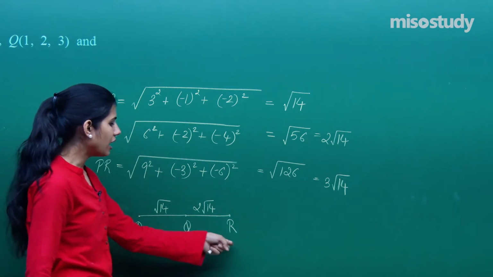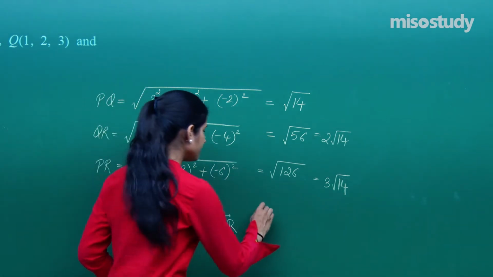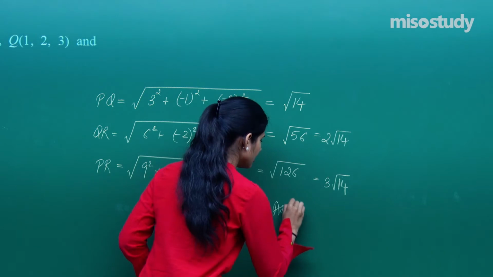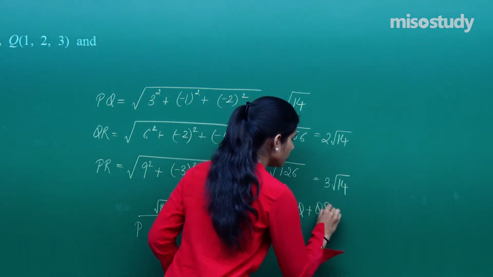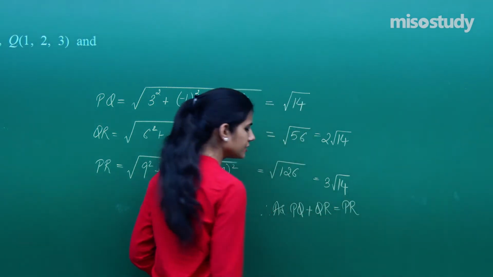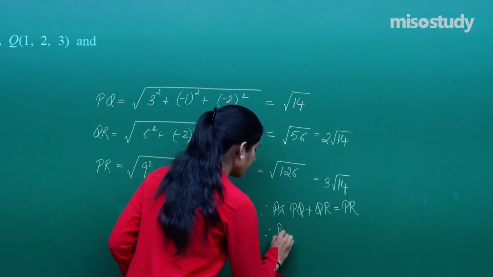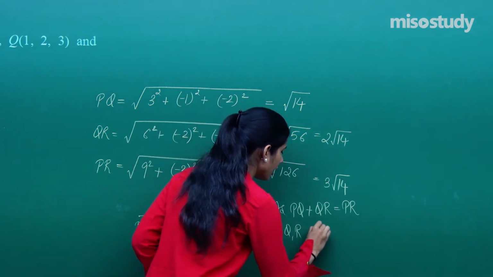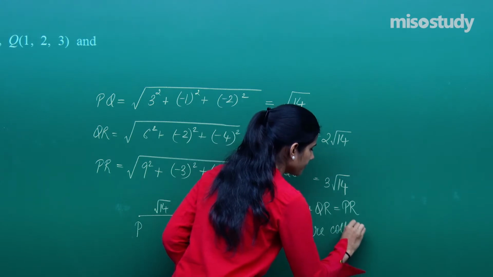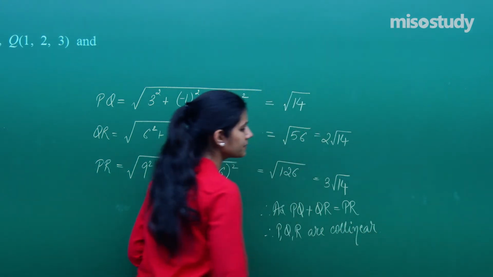That means P, Q, R are lying on the same straight line because PQ plus QR is PR. Therefore, P, Q, R are collinear. They are lying on the same straight line.